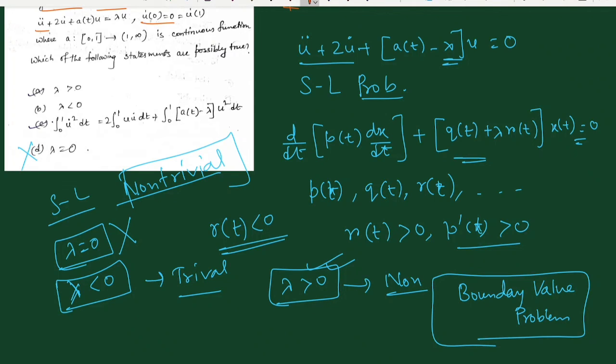You can check in your book which you read in graduation or post graduation for differential equations. So if this is a Sturm-Liouville problem, then these two options we discard.